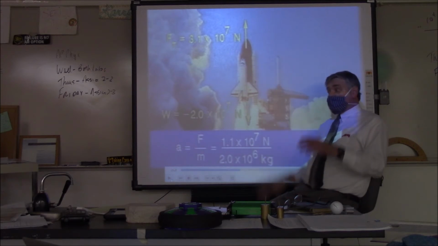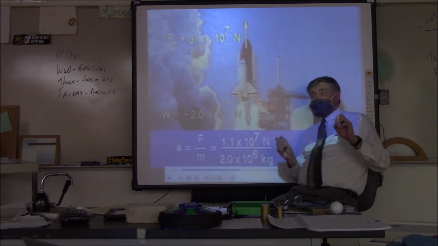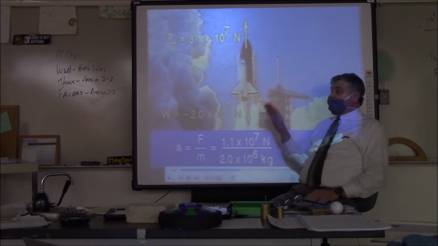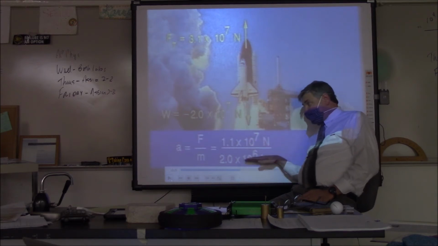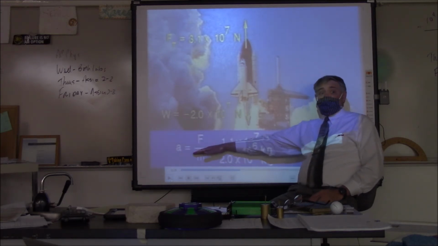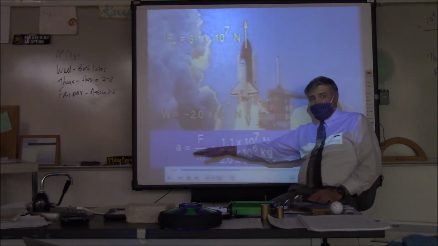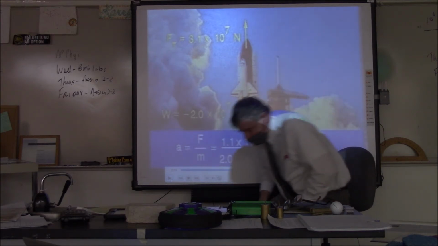Not only are you accelerating, but stay with me here, my acceleration is accelerating, because I'm ending up with a larger and larger net force that I'm continuously dividing by a smaller and smaller mass, which is going to make my acceleration go bigger and bigger and bigger. Okay? Makes sense. Okay.